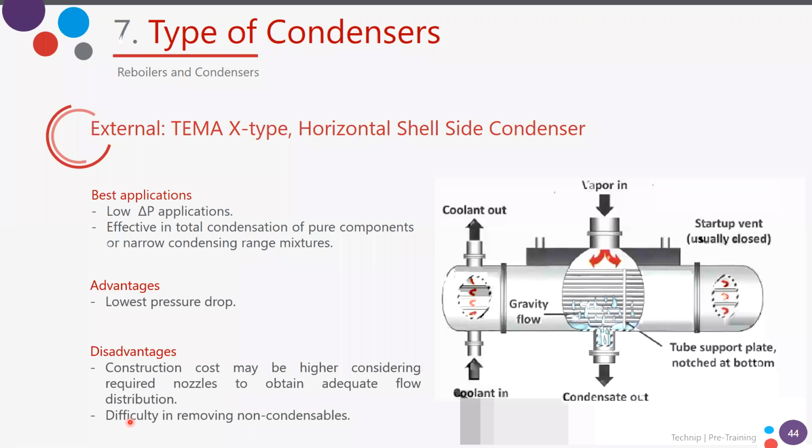Another disadvantage is the difficulty in removing non-condensables. In this case, we have this vapor inlet with a distributor here. In this sketch it is not represented, but we will have a small vent nozzle here and also here.